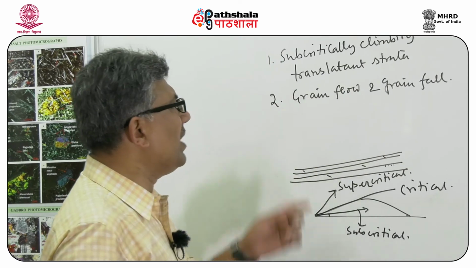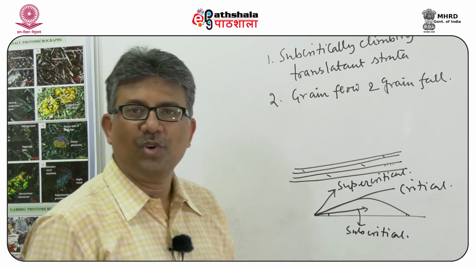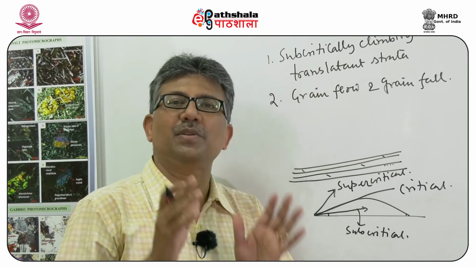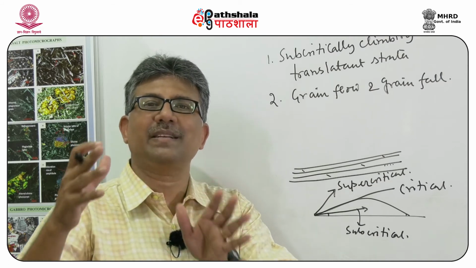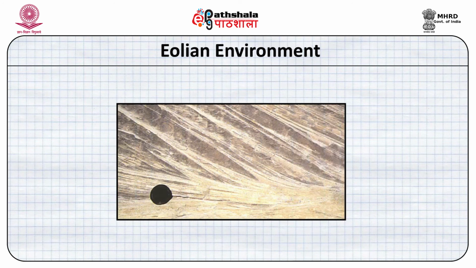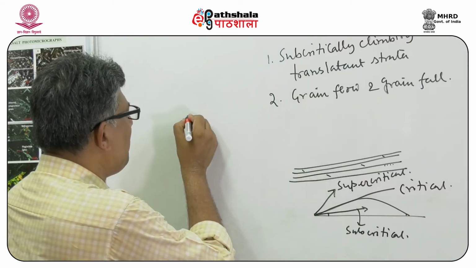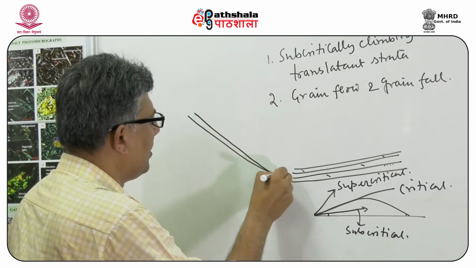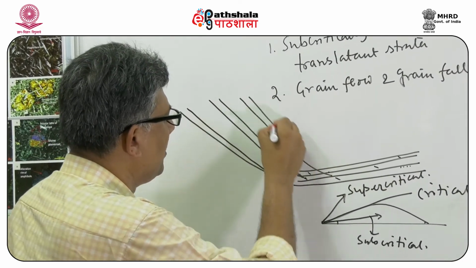We then come on to the grain flow and grain fall, which we commonly find because of the migration of the Aeolian large scale dune bed form. You will see that in the figure given in the text, but I also take the privilege to draw it and explain it. This is the pattern of a grain flow and grain fall.